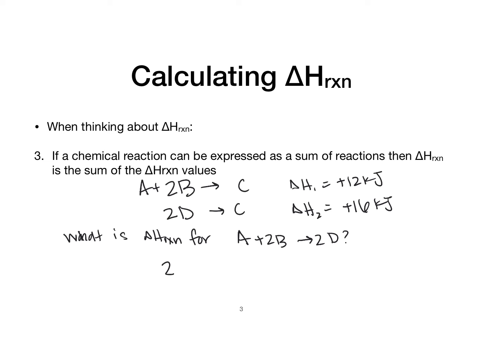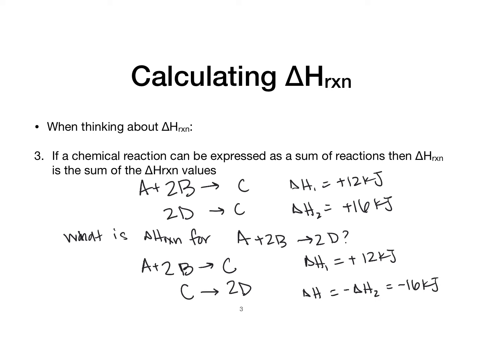So if we know that A plus 2B goes to C, we can flip the second equation where C goes to 2D. So the first one is delta H1, and that still equals plus 12 kilojoules. Delta H for this now equals negative delta H2, so that gives me negative 16 kilojoules.